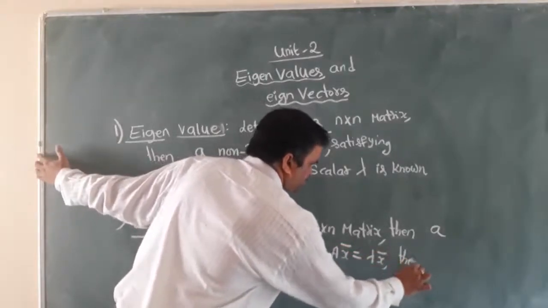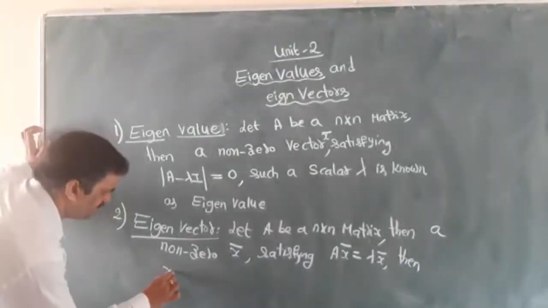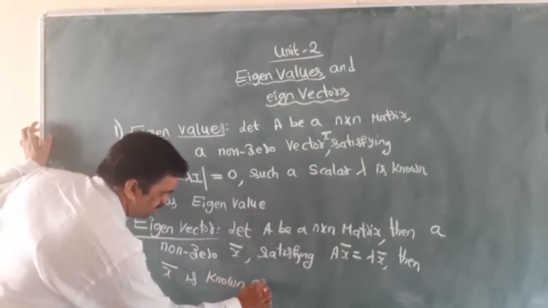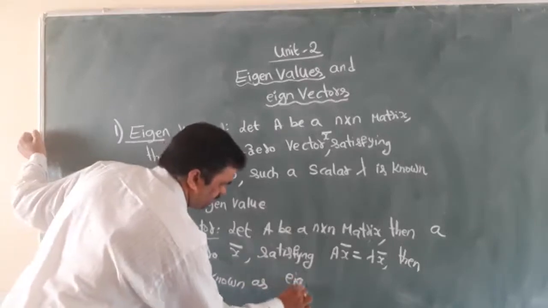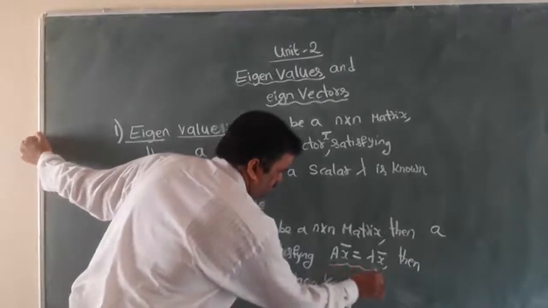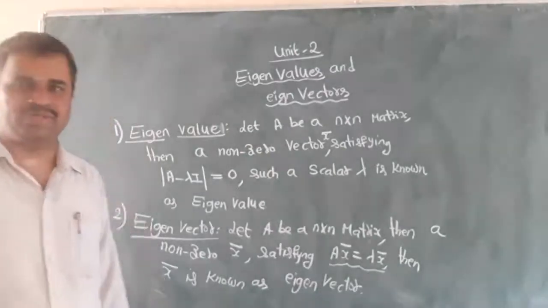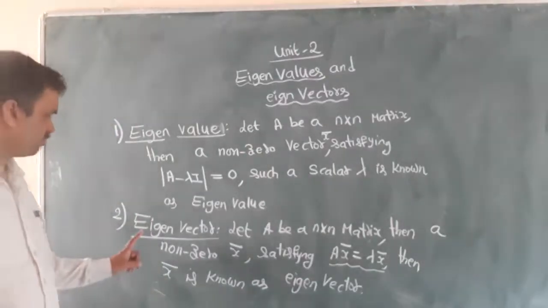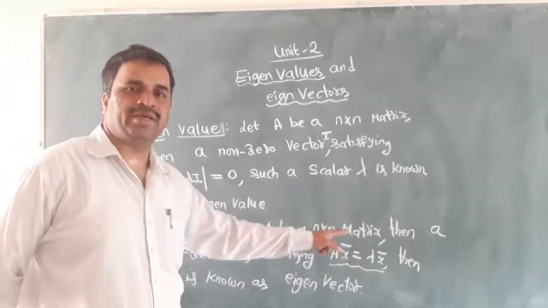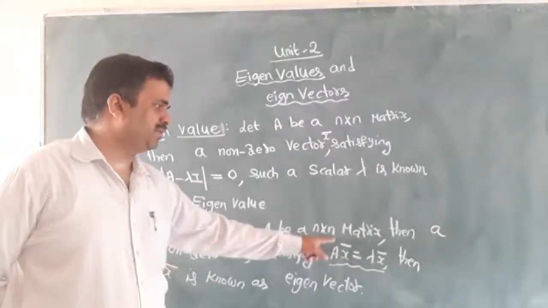Then x bar is known as an eigenvector. What is the condition here? A x bar is equal to lambda x bar. This x bar is known as an eigenvector. Let A be an n by n matrix.